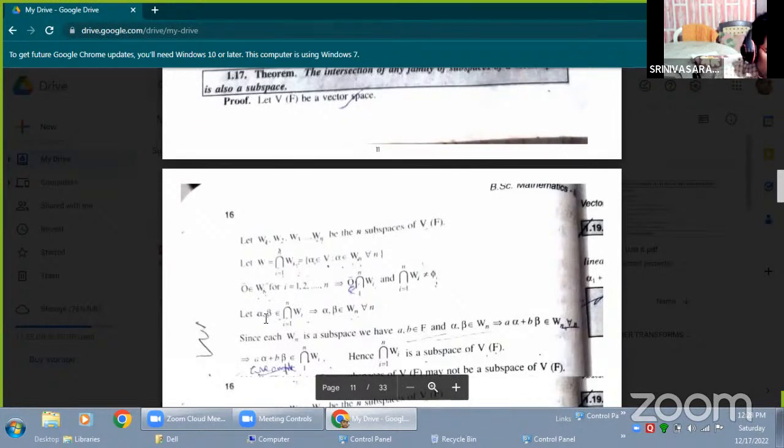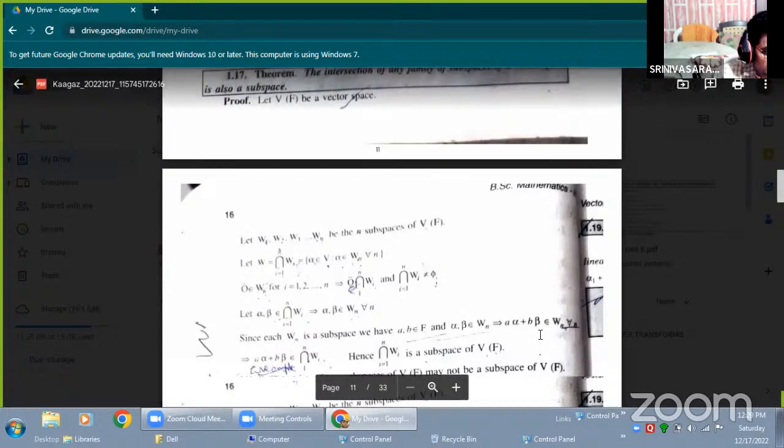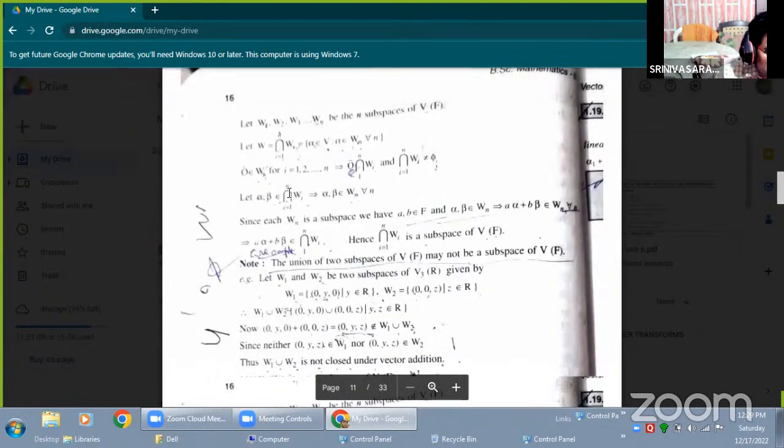Take alpha and beta in the intersection of the subspaces, where the number of subspaces is an arbitrary family, simply denoted as Wn. Therefore, for field elements a and b, a alpha plus b beta belongs to the intersection of Wi, where i equals 1 to n. The same subspace condition holds for the arbitrary intersection of the family. Therefore, the intersection of the subspaces is also a subspace.